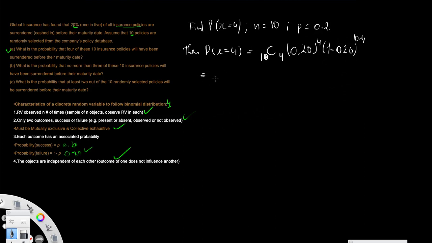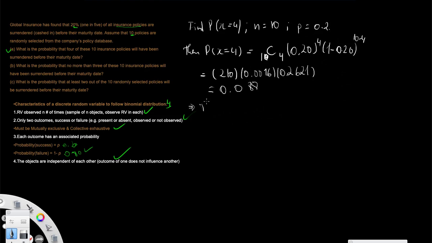Let's write down the answers that we are getting. And we should get 0.088. And therefore, let's always write our final answer.